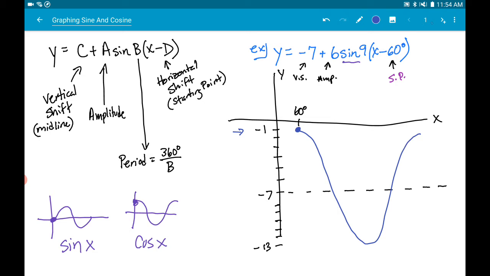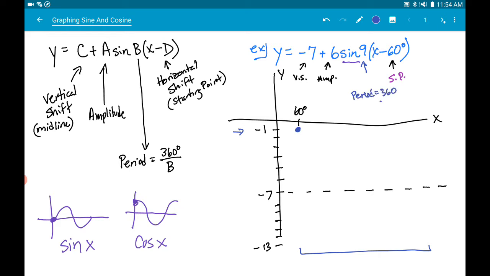But we need to figure out how long that cycle is going to last. And that's where this last number comes in. It says that the period is 360 divided by the number in the equation. If we do that, we get 40 degrees. 9 times 4 is 36.